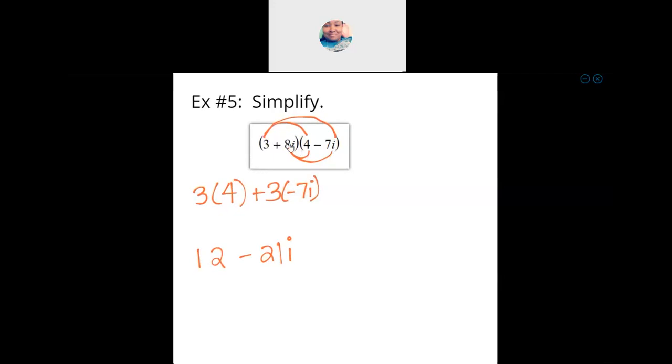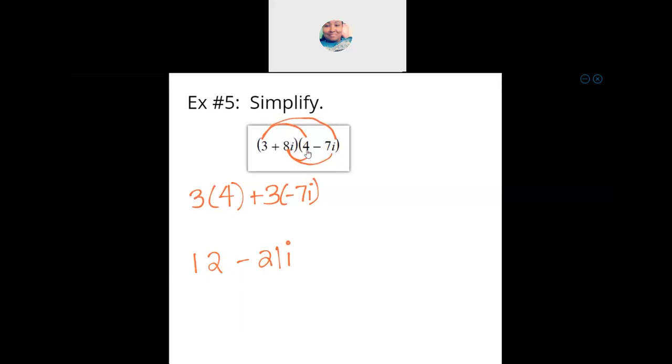After that, you're going to do 8i times 4, which is positive 32i. And then lastly, I'm going to do 8i times negative 7i. So 8i times negative 7i is actually negative 56i squared.